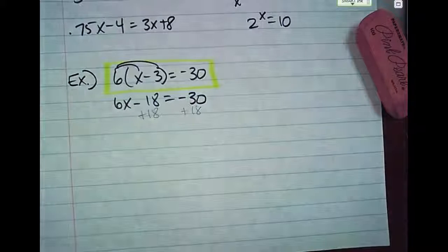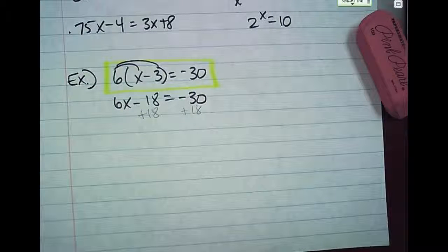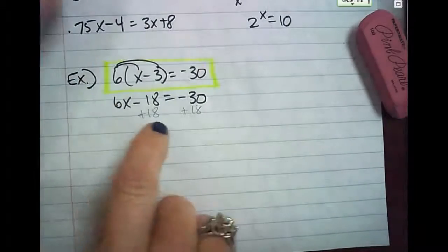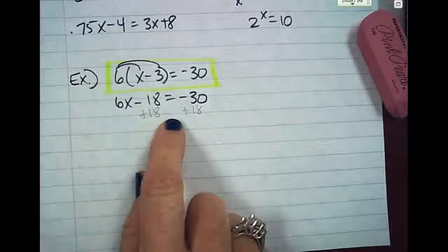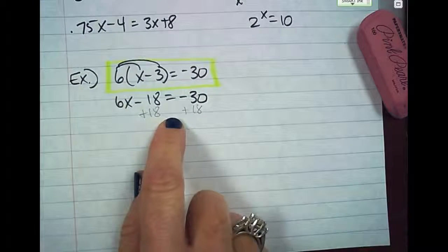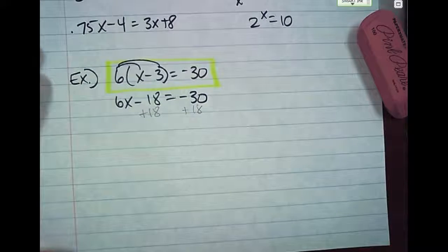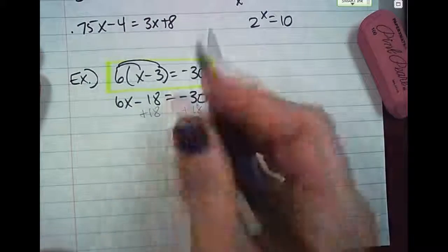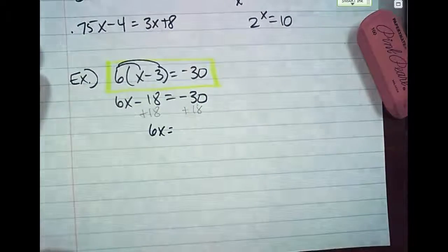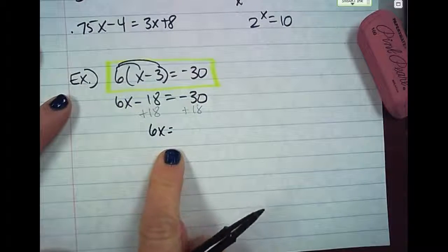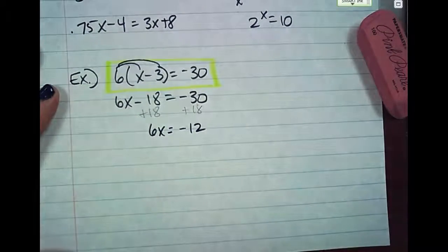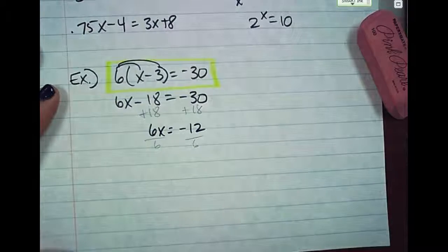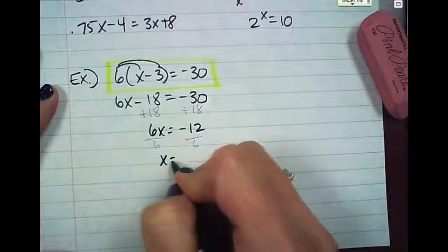So obviously we're supposed to add 18 to both sides, right? What I wrote in pencil, it's up to you if you want to write that part out. So I add 18 to both sides, which ends up giving me 6x. Then divide both sides by 6. Again, y'all are accustomed to doing that. If you want to show that work, you can, but the final answer is -2.